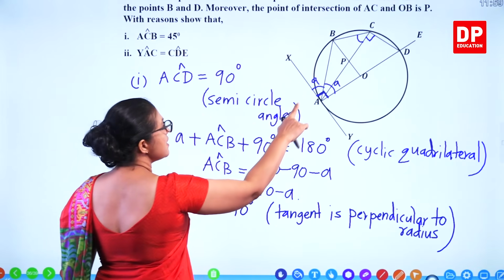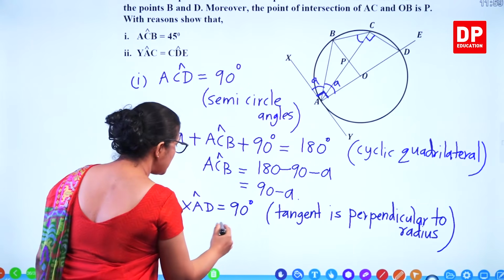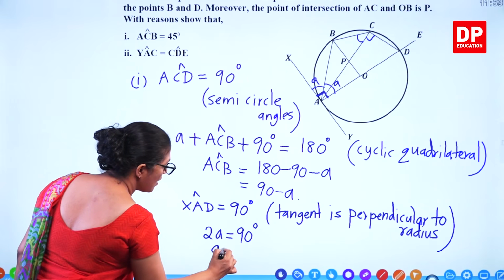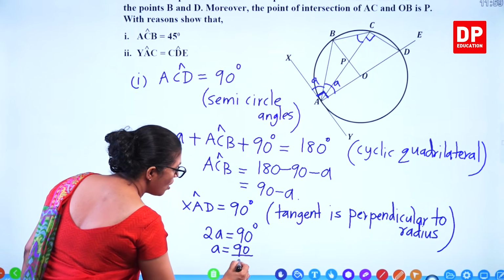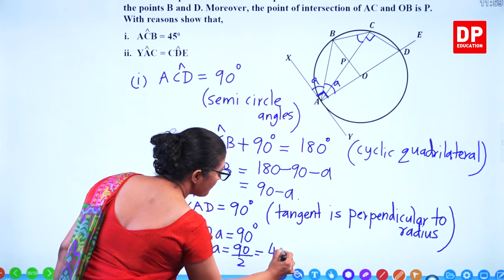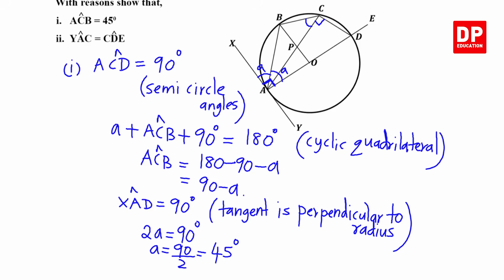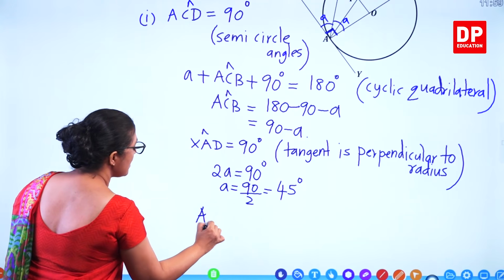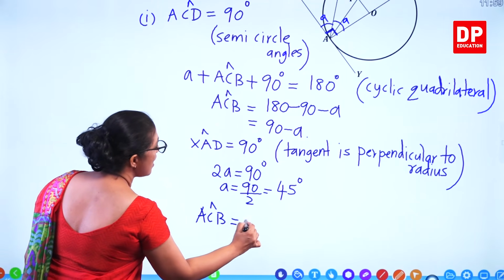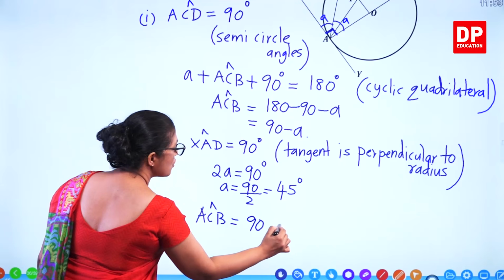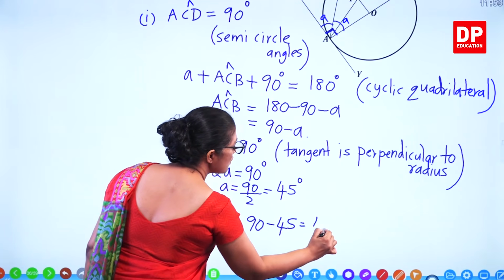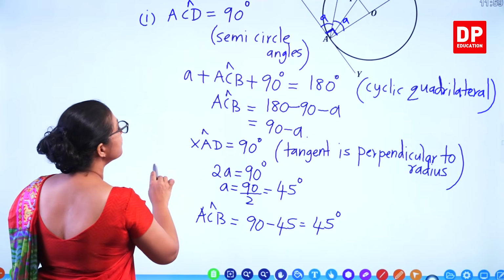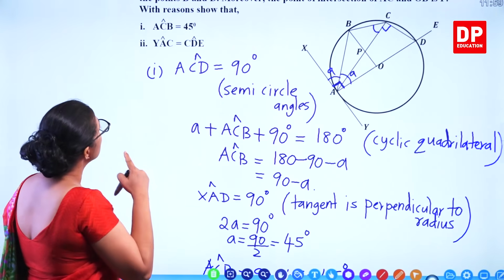So 2A becomes 90. So what is the A value? A becomes 90 divided by 2, that's 45 degrees. We found that. So what is angle ACB? Angle ACB is 90 minus A, which is 45. So you get 45 degrees. So that's the first part, we found ACB is 45.